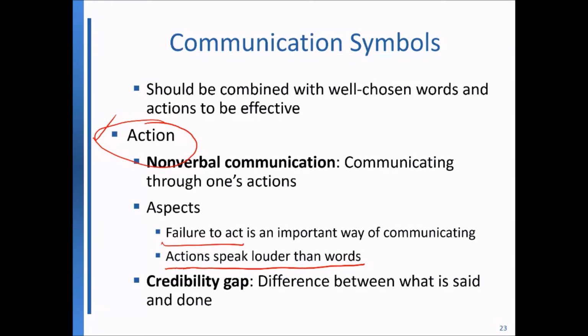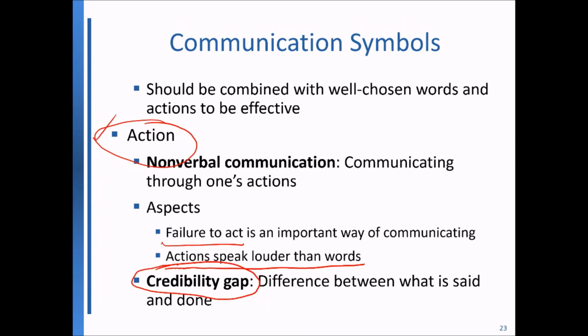Okay, but take note, sometimes we have what we call a credibility gap. What is a credibility gap? It is the difference between what is said and what is done. So you see, if you are using both words and actions, they should go together, right? But if not, then there is a credibility gap.